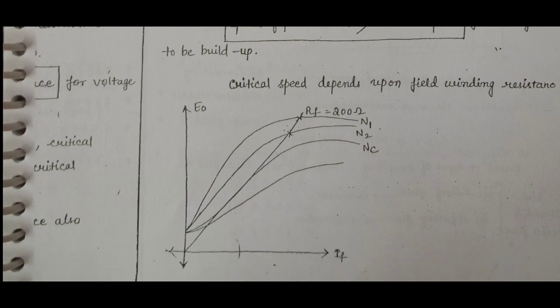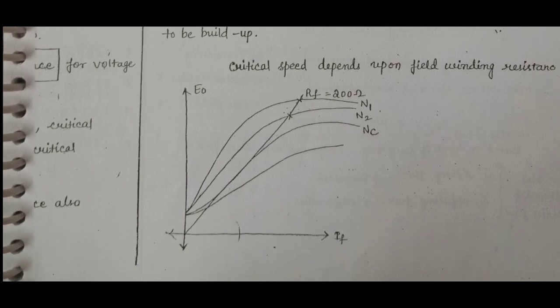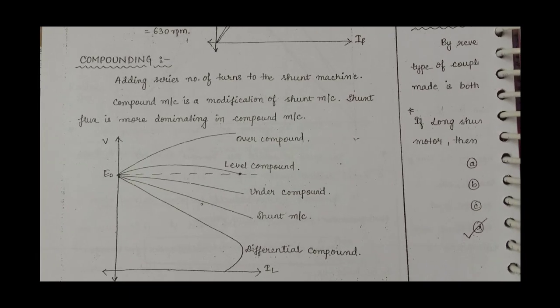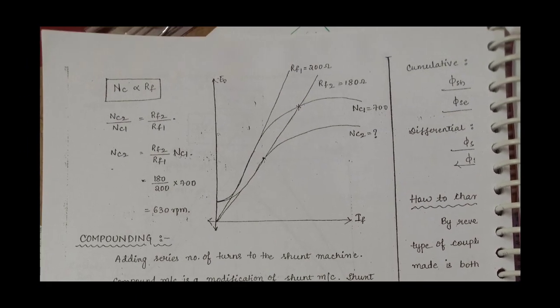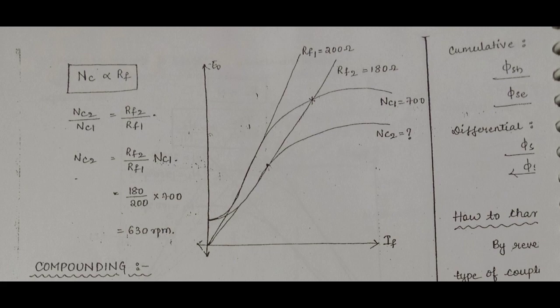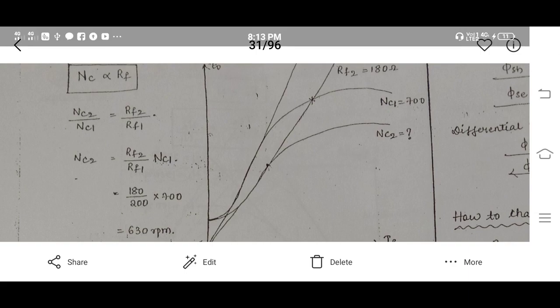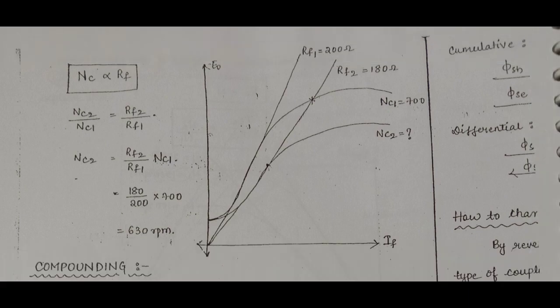Critical speed depends upon the field winding resistance. RF equal to 200 ohms, N1, N2, NC, IF, E0. NC is proportional to RF.